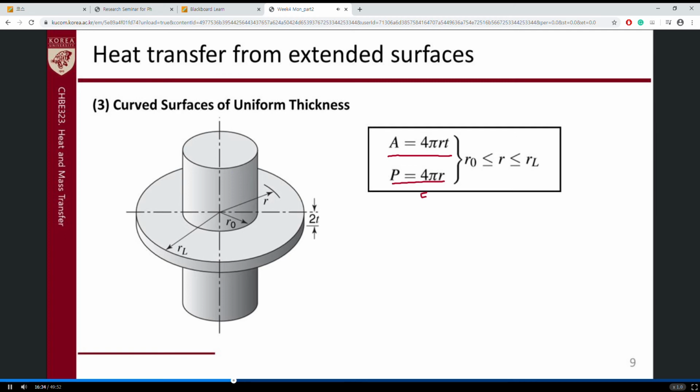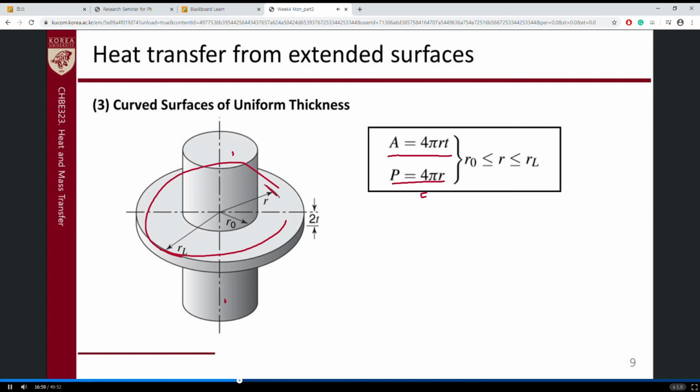So 4 pi r, which makes sense. The r is here this r0, and here this rL, right? So the extended surface is this one, okay? Not this. Don't confuse. Okay, this is also very simple.